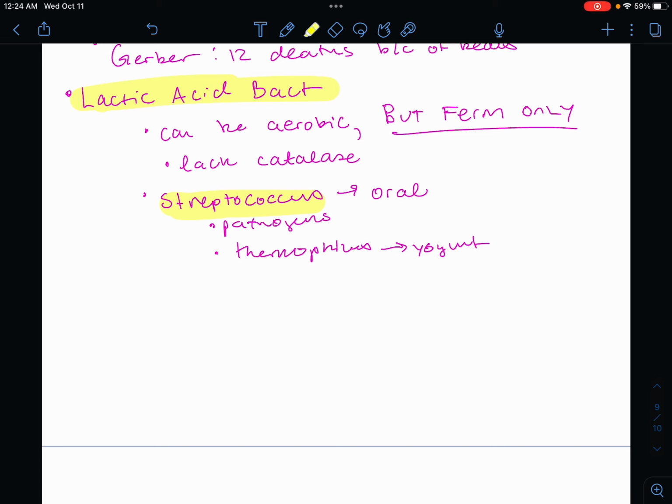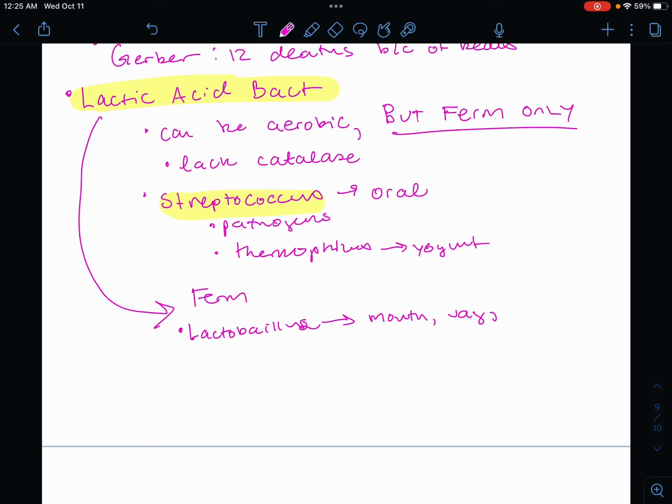All right, let's talk about lactic acid bacteria and their fermentation. So we're going to continue here, but specifically with their fermentation. So we have Lactobacillus. These are found in the mouth, the vagina, and they're rod-shaped.